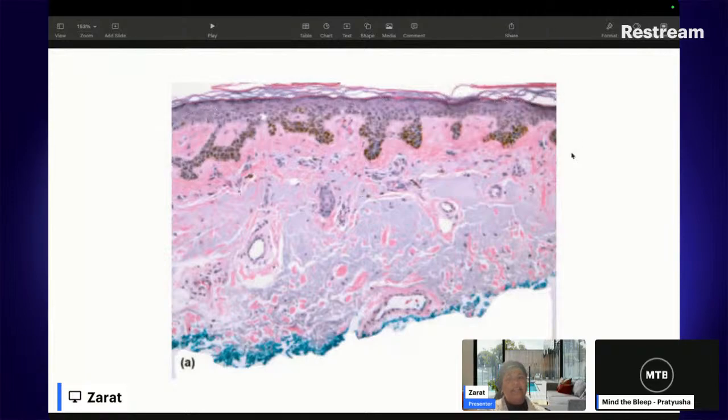But this again looked different from what we saw before. So if we want to localize where the lesion is, I think we will all say the epidermis. And if you remember, I said the extensions of the epidermis into the dermis are rete ridges, and sometimes they can be abnormal. So here, these rete ridges are more elongated than we would expect them to be.